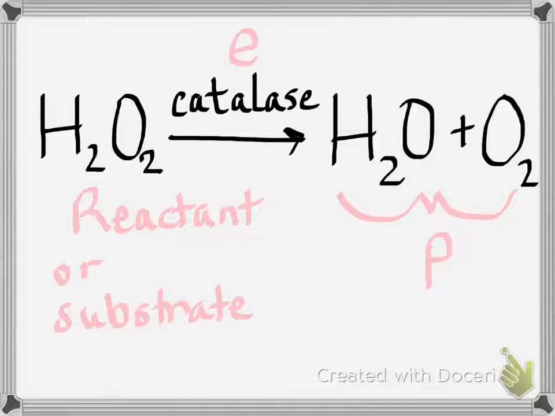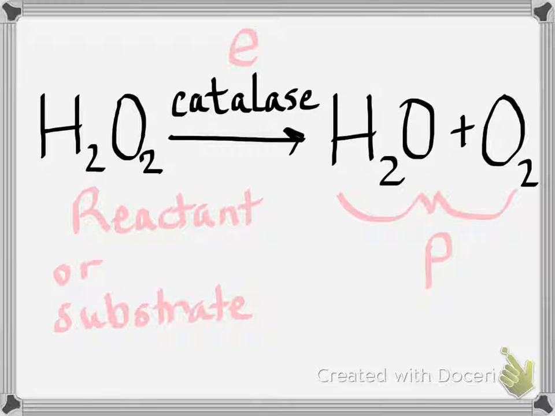And I just put a lowercase e above enzyme. How come I didn't use uppercase E? That's for energy. I reserve uppercase E for energy. So I use a lowercase e for enzyme. It's so easy to spot that catalase is an enzyme. How do you know for sure catalase is an enzyme? ASE at the end. Nikki's right.